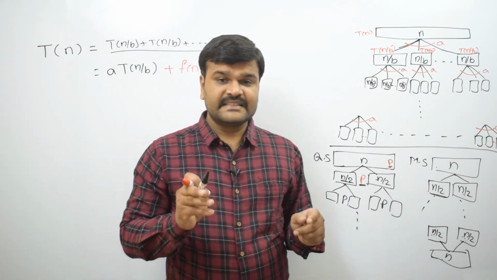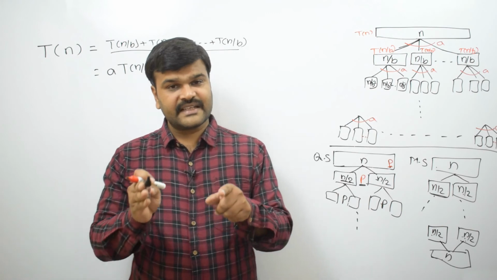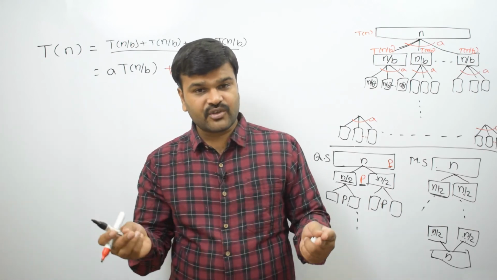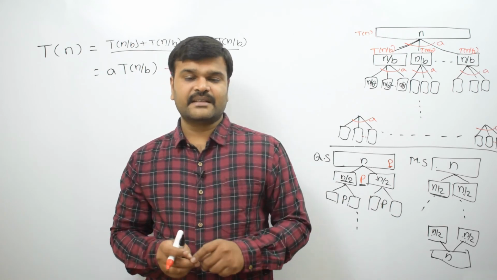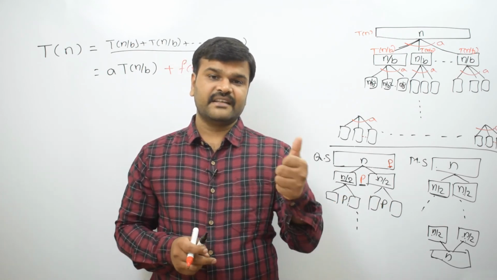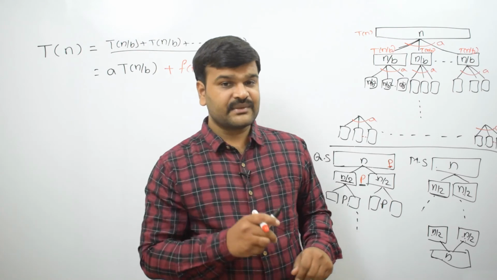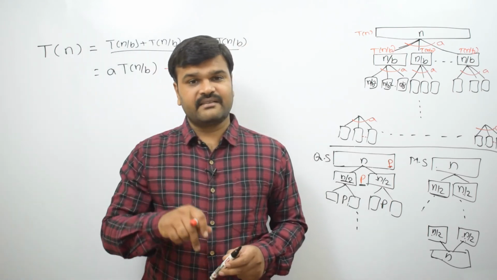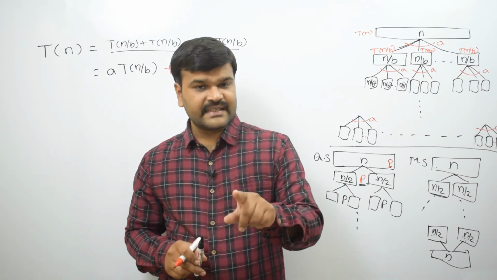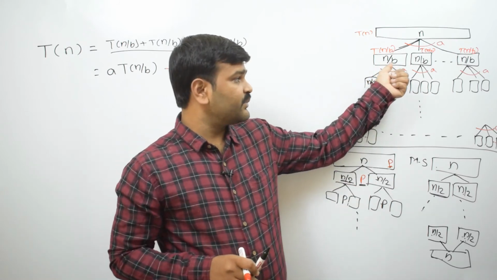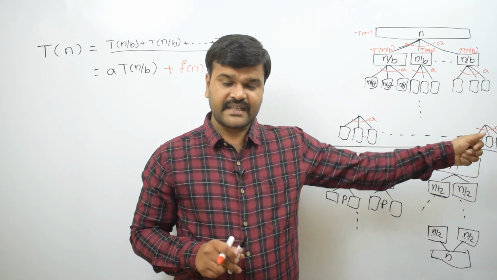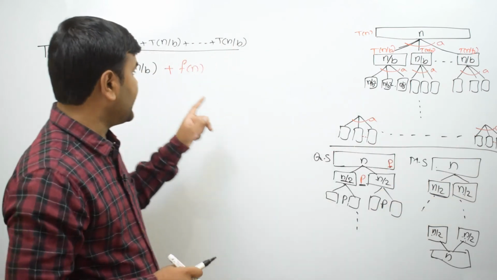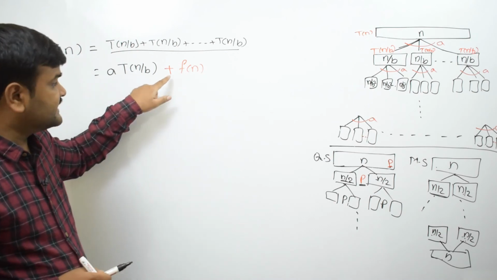That means sometimes you have to divide, and that will take some amount of time based on the given input size. Sometimes you have to combine, and that also will take some amount of time based on the given input size. Sometimes both are required. So other than the subproblems' time complexity, we are going to have other time complexities also, which we add here, because this is addition only.